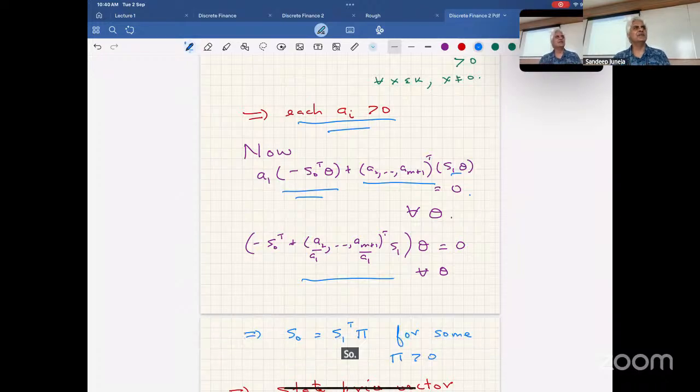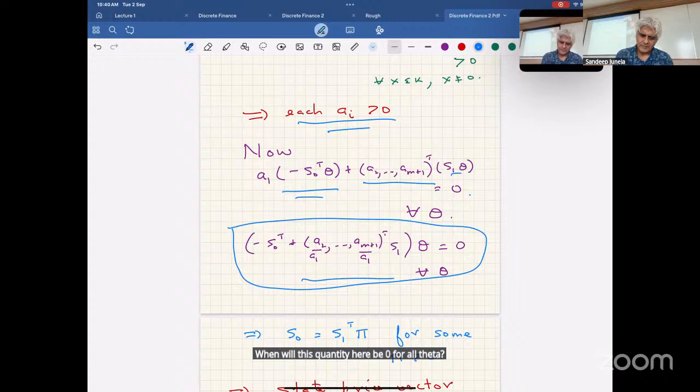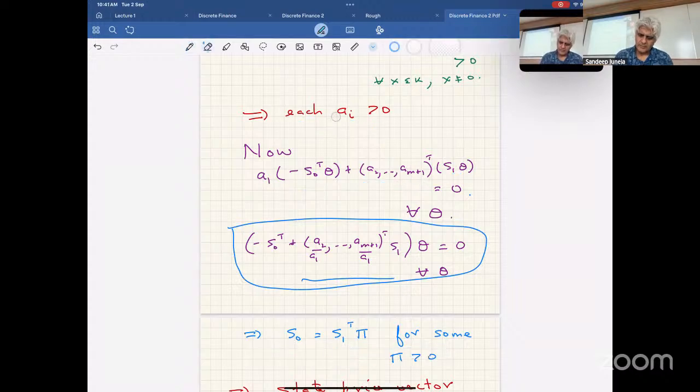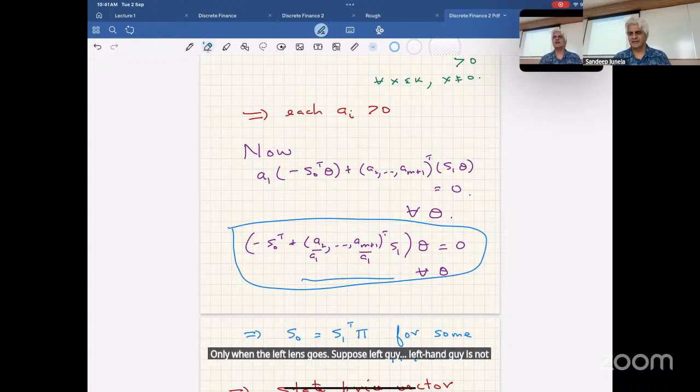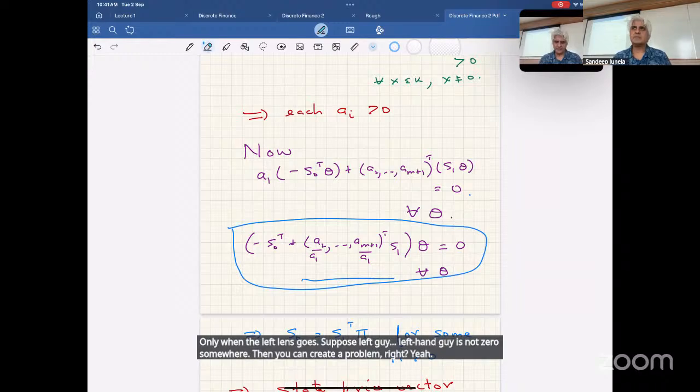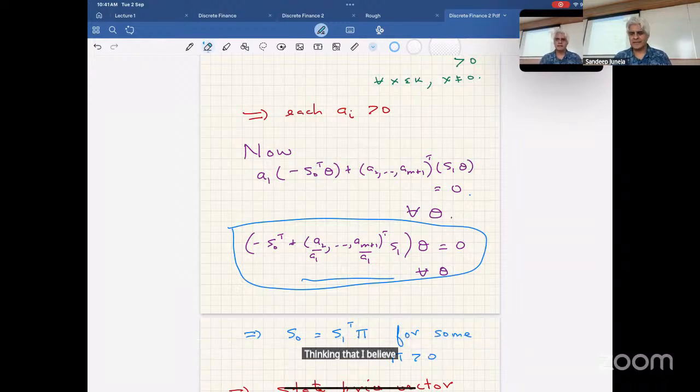So when will this quantity here be 0 for all theta? Only when the left-hand guy is 0. Suppose the left-hand guy is not 0 somewhere. Just take theta to be that, and then you can create a problem. Just take theta to be the guy so that this is not equal to 0, because it has to be true for all theta.